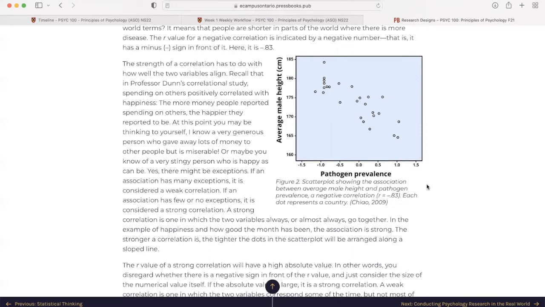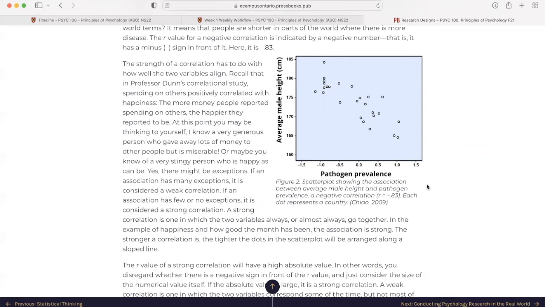If an association has many exceptions, it is considered a weak correlation. If an association has few or no exceptions, it is considered a strong correlation. A strong correlation is one in which two variables always, or almost always, go together. In the example of happiness and how good the month has been, the association is strong.